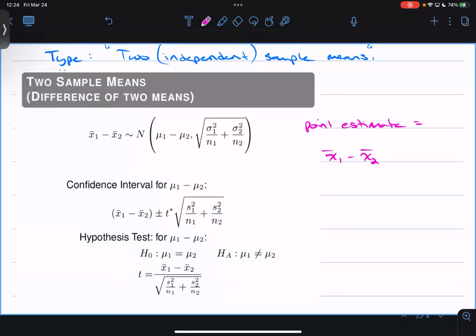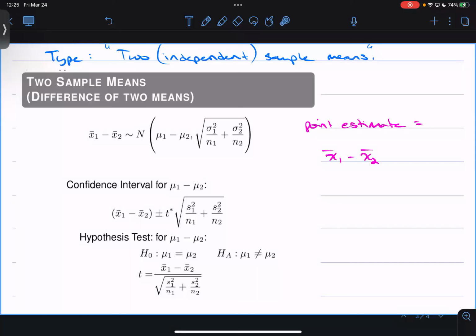We've seen this setup before with the difference in proportions, and it's going to be very, very similar. The reason the formulas look so big is because now each sample has a mean, each sample has a standard deviation, each sample has a sample size, and they're not necessarily the same.